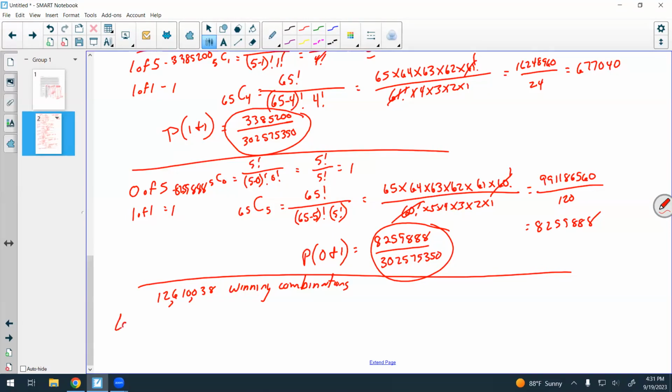So to calculate losing combinations, we can simply take 302,575,350 and subtract 12,610,038. And we get 289,965,312.